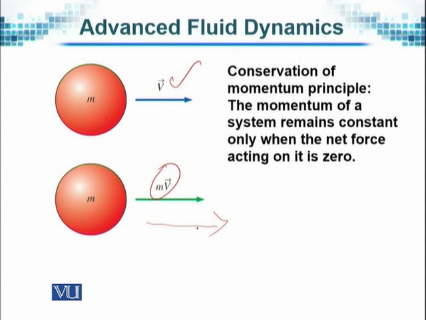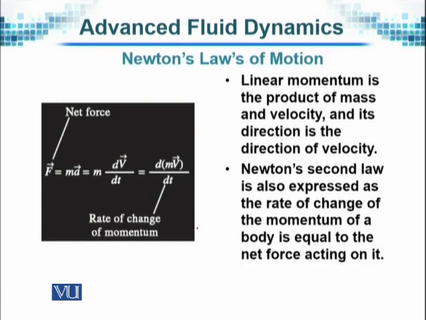But the momentum of a system, for example this system, will remain constant if the net force acting on it is zero. The linear momentum is a product of mass and velocity, as we have said, and its direction is the direction of velocity.